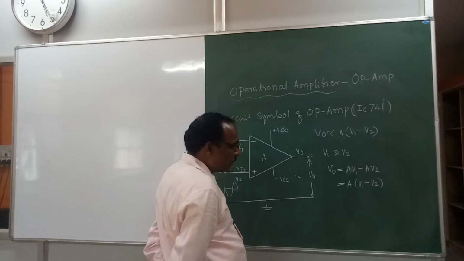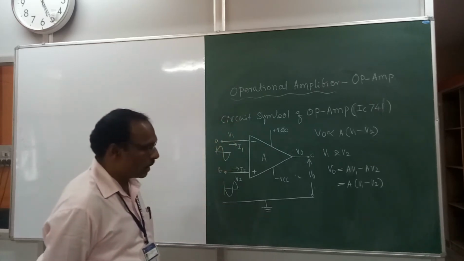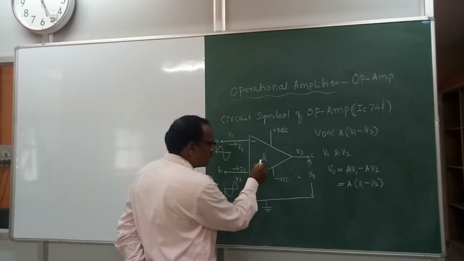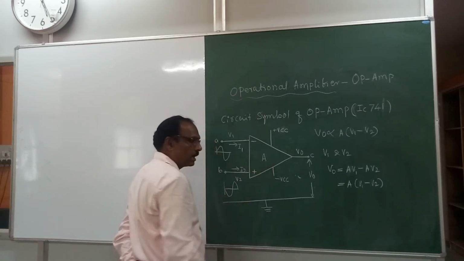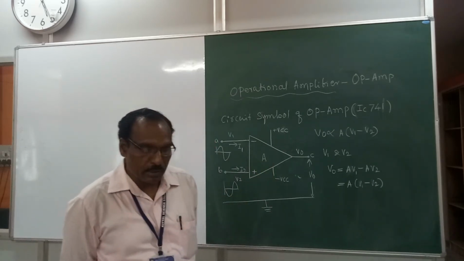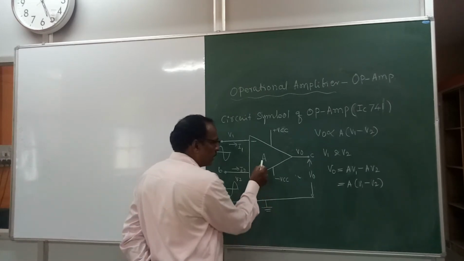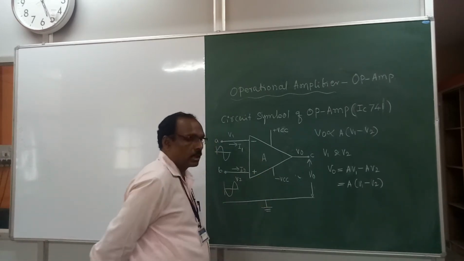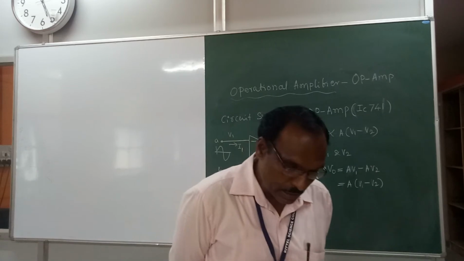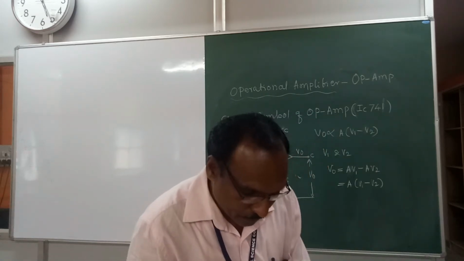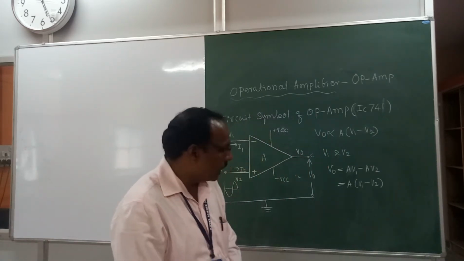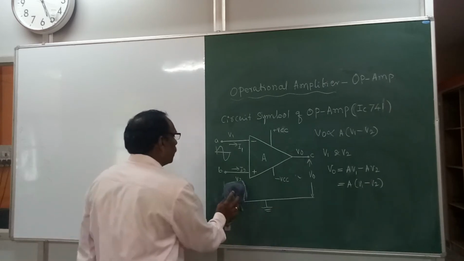So V1 and V2 are the inputs and VO is the output. A is the open loop gain of an amplifier without feedback. For an ideal operational amplifier, this gain is infinity.